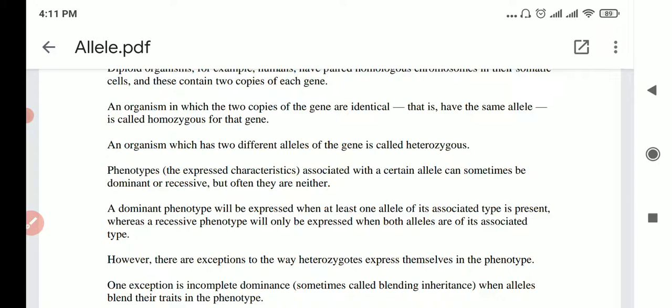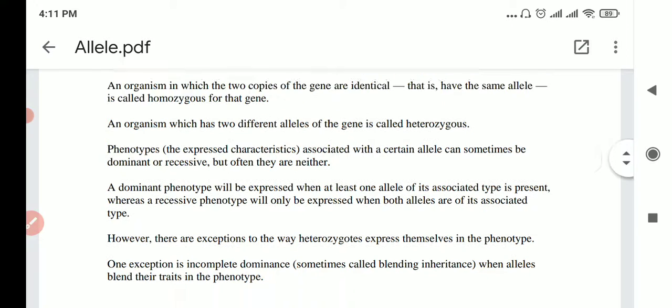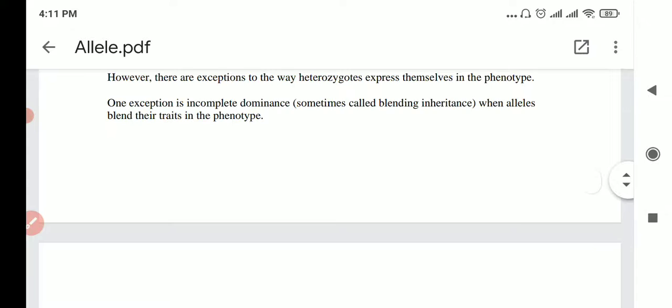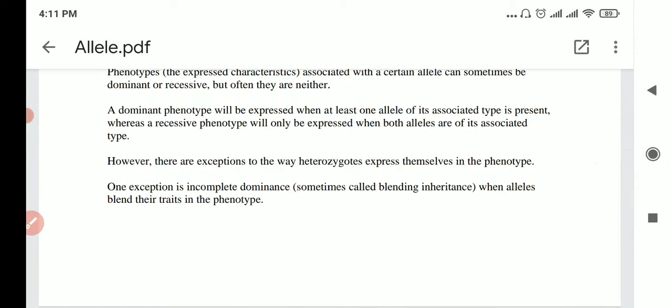That is already from your class 12, you already know. Then about the dominant and recessive: when one of the alleles is dominant, showing a dominant phenotype, the dominant phenotype will show, and if there is a recessive allele on the chromosome, it will be masked by the dominant allele. Let me say again.